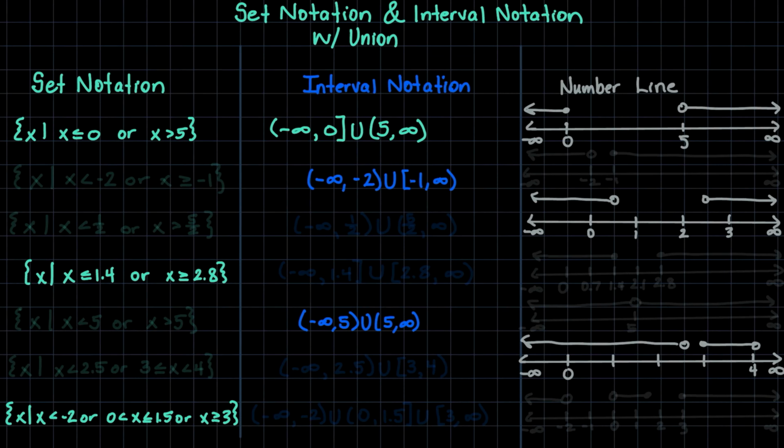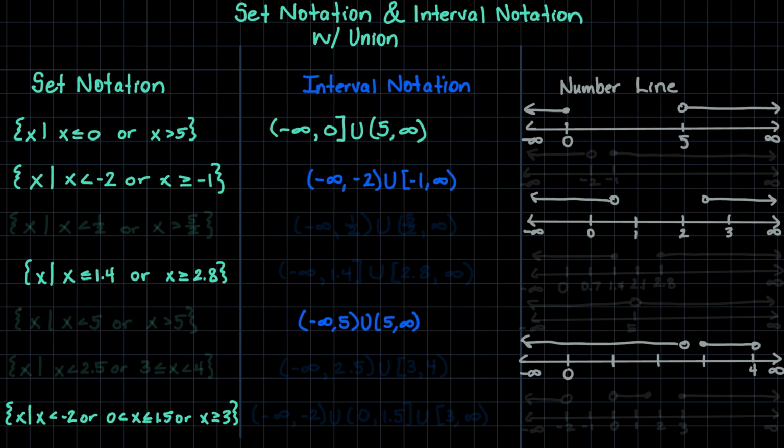Okay, our next example, we have negative infinity to negative 2. So we know that translates to x such that x is strictly less than negative 2, or bracket negative 1 to infinity means x is greater than or equal to negative 1.